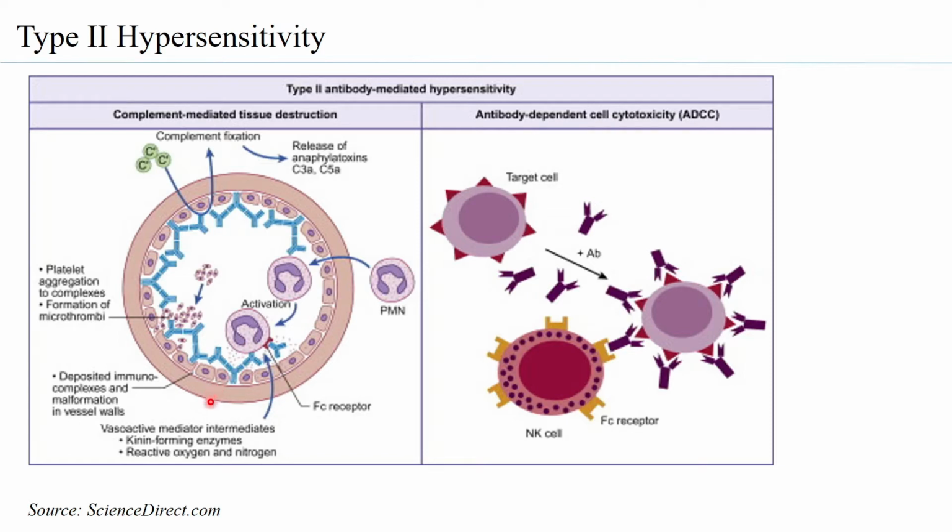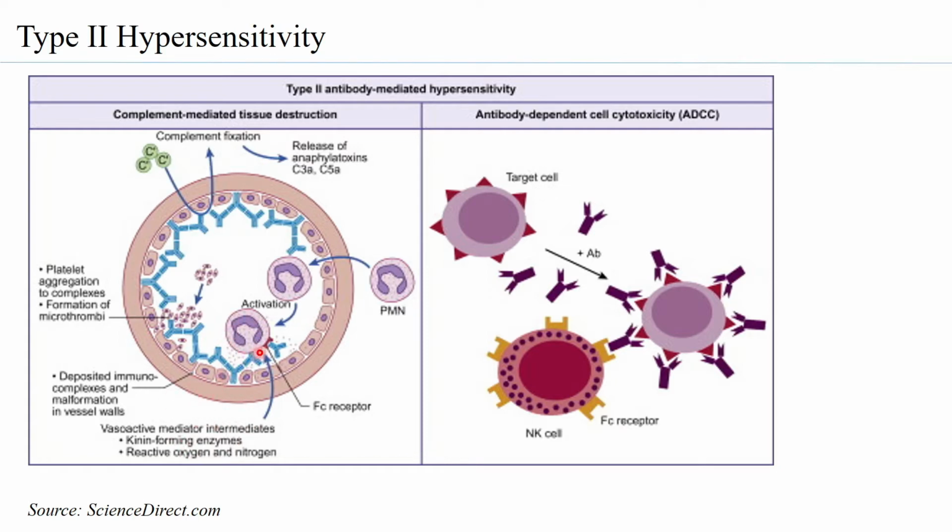Of course, what you have is platelet aggregation that happens. What happens is that you have certain malformations that can be formed due to the immune complex being formed on the blood vessels. Then you can also have vasoactive mediators that are released, and that gives rise to kinin forming enzymes and reactive oxygen species, and thereby this would help in killing the target cell.